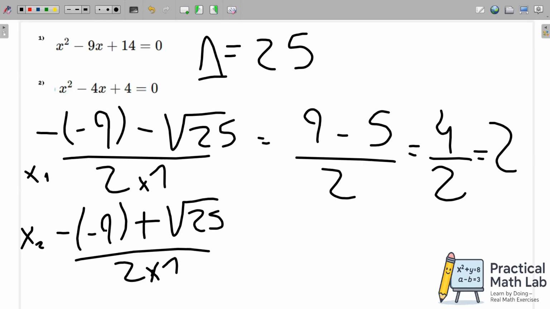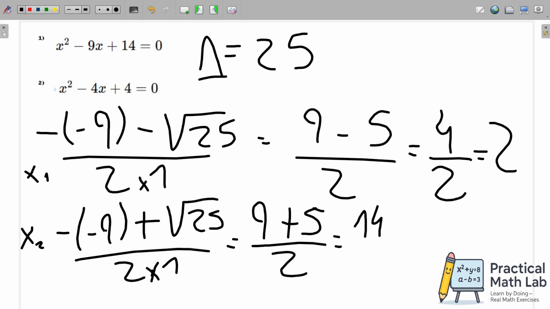A minus times a minus is a plus. So it became 9 plus 5 over 2. The square root of 25 is 5. 9 plus 5 is 14. 14 over 2 equals 7. Therefore, x2 equals 7.